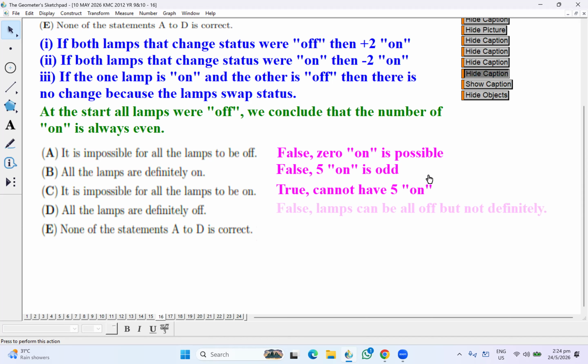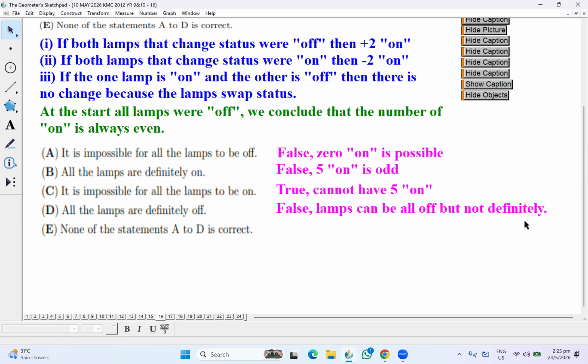Then this one is the one that is tricky. All the lamps are definitely off. False. All lamps can be all off, but not definitely. That's why it's false.